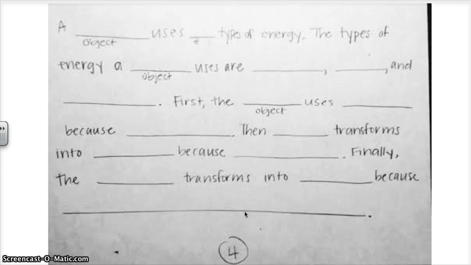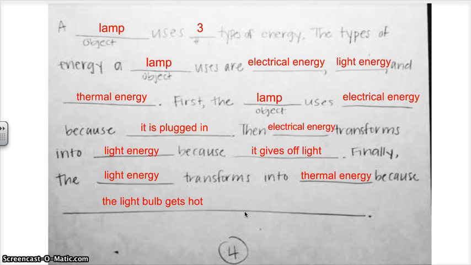So remember, we're thinking about the lamp. So if I wanted to make my paragraph, here's how my paragraph would look. A lamp uses 3 types of energy. The types of energy a lamp uses are electrical energy, light energy, and thermal energy. Then I'm going to put these energies into order. First, the lamp uses electrical energy because it is plugged in, so I explain why.